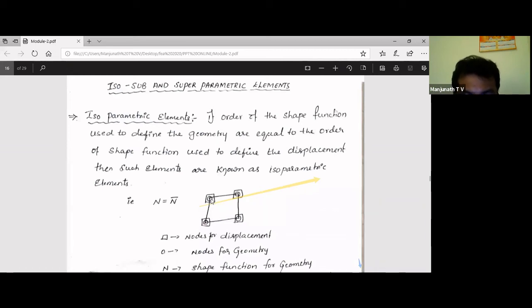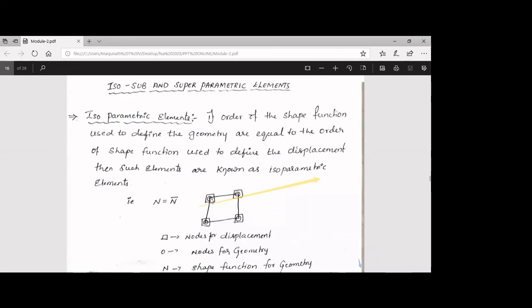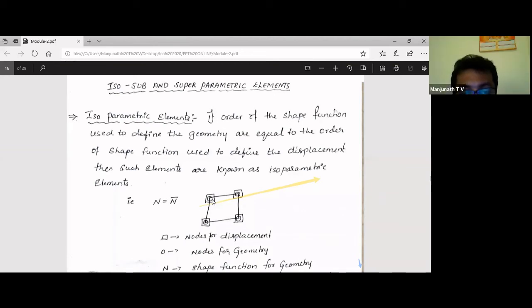If you use the same shape function to determine the displacement at that particular node only, then such a type of element analysis we consider as isoparametric elements or isoparametric formulations. Then just see the definition.